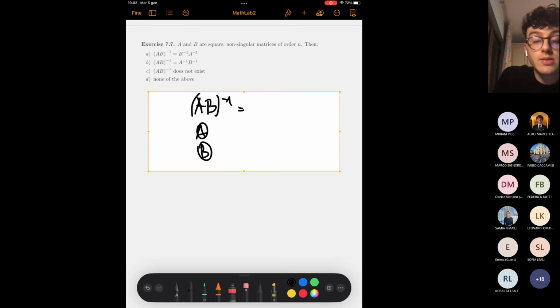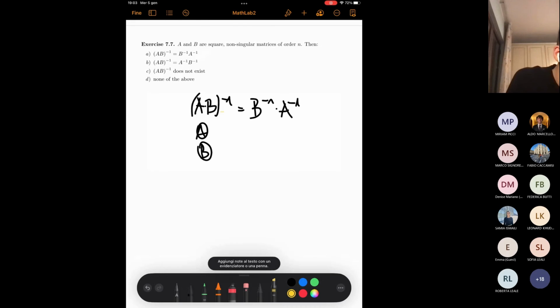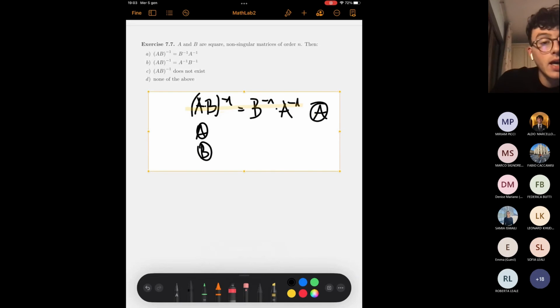According to the theorem we have studied, it's B to the power of -1 times A to the power of -1. This is literally what is said by the theorem. It's a formula we have to know. And so the right answer for this exercise is the first one, the A.